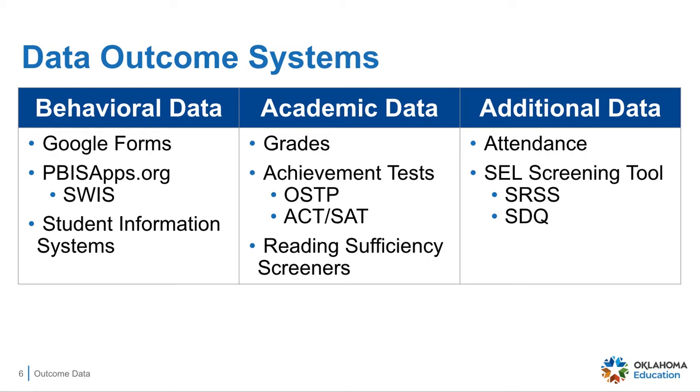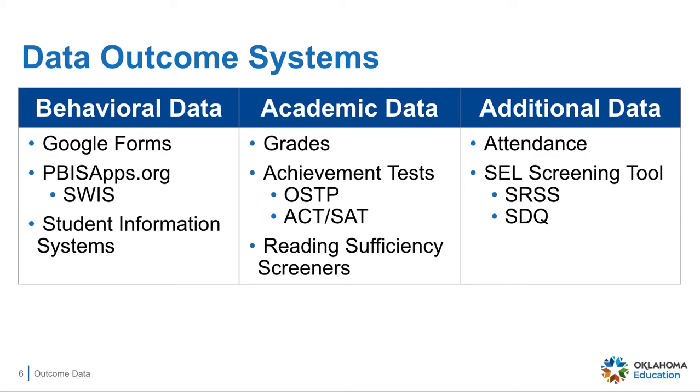Another option is the SWIS Suite. It is a behavioral information system created by the National Center on PBIS and is a convenient way to collect discipline referrals, summarize data, and create automatic graphs to analyze the outcome data quickly. Finally, some schools will use their student information system and a skilled data analyst to look at behavioral data.